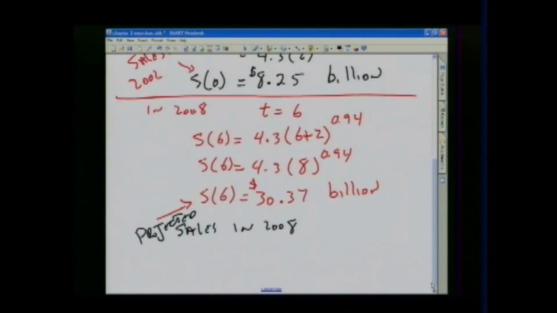Want to do one more problem from chapter 2, section 2.7, and that is problem number 34. Profit of a vineyard.